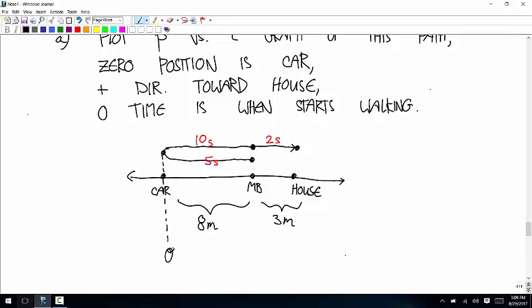And what did we say the positive direction is? Positive direction is back towards the house. So if we know that the 0 is at the car, and that the mailbox is 8 meters in the positive direction, what's the numeric value at the mailbox? Positive 8.